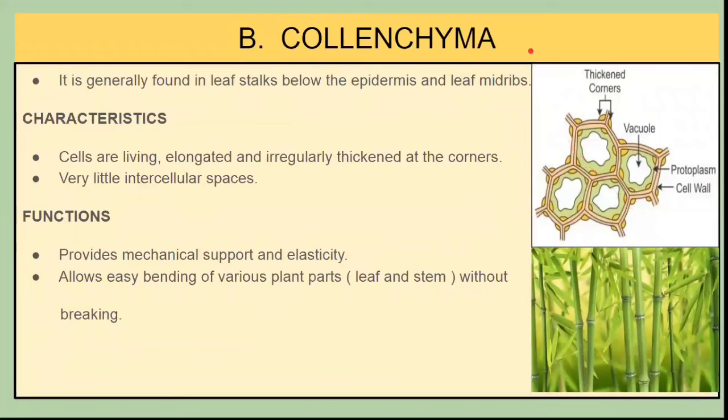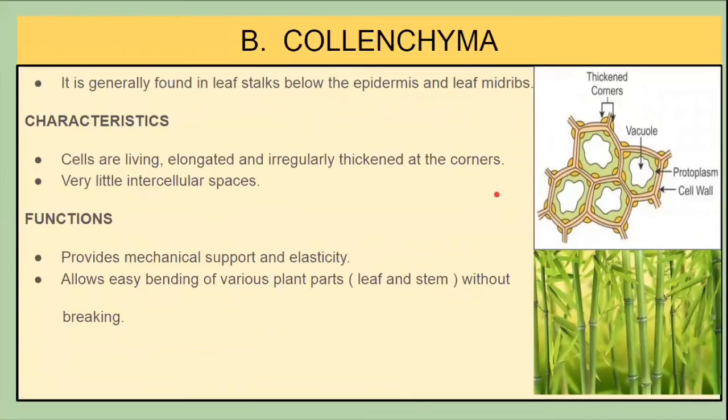Collenchyma, another type of permanent tissue. Collenchyma are found in leaf stalks and below the epidermis and leaf midribs. The cells are living, elongated, and they have irregular thickening at the corners. They have very little intercellular space.